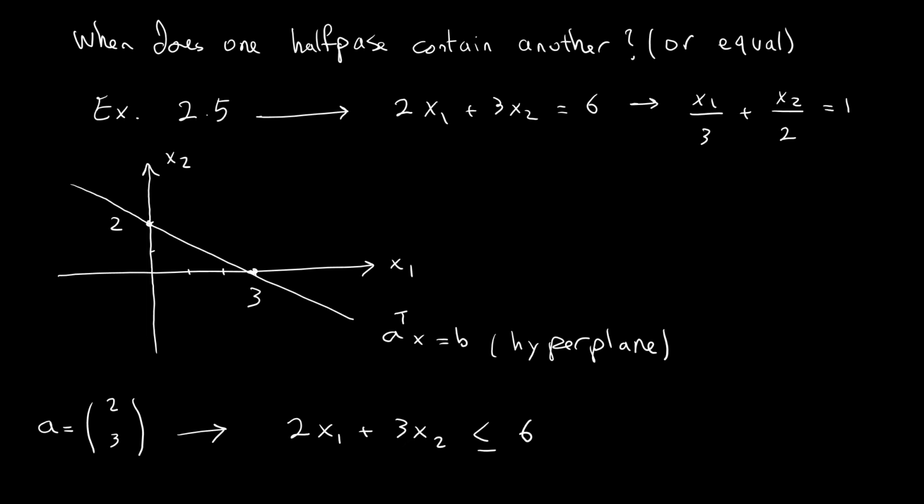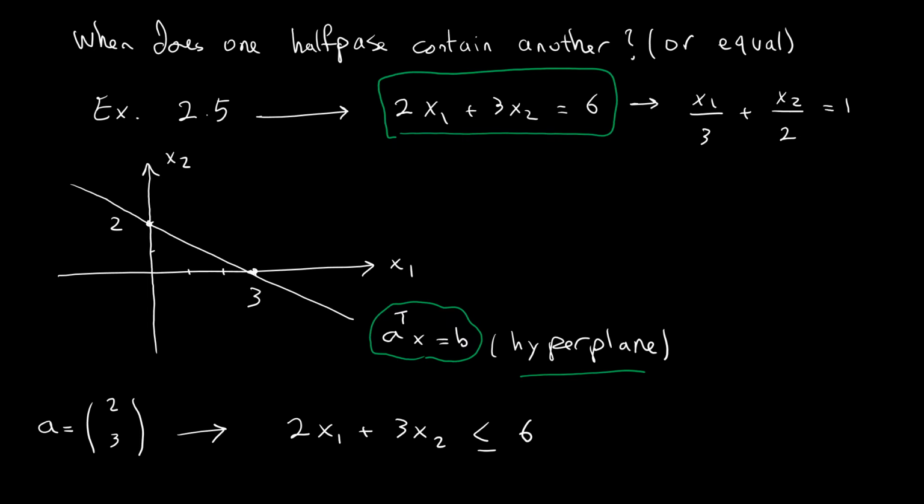half spaces equal? And I just want to remind you what a half space is by reminding you of a hyperplane. We saw that a hyperplane is denoted by this equation right here, and a very simple case is a hyperplane in a 2D plane, where we have an equation like this.